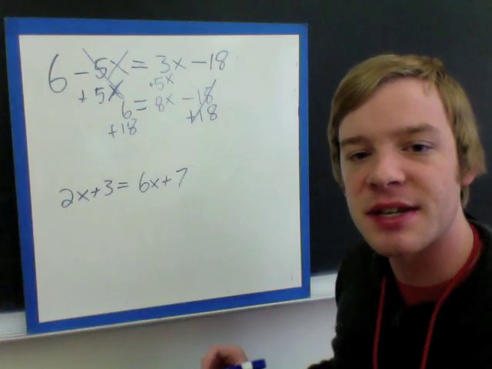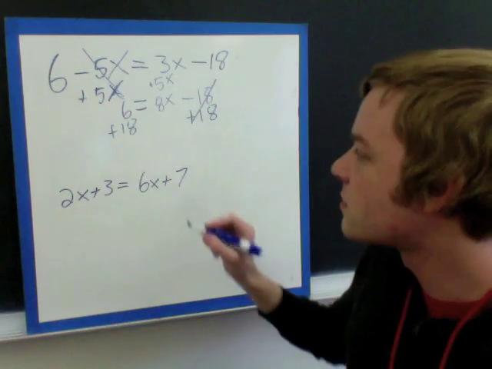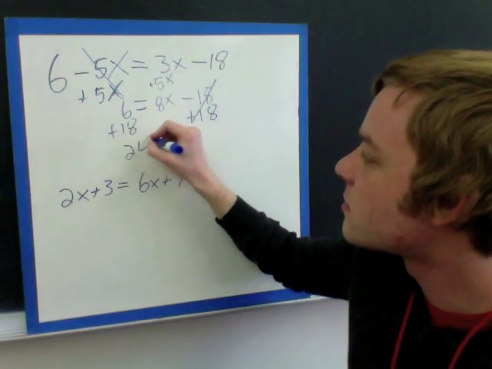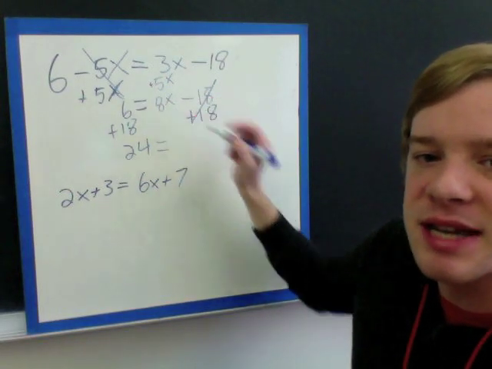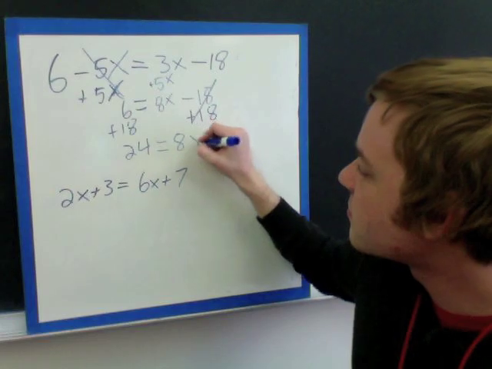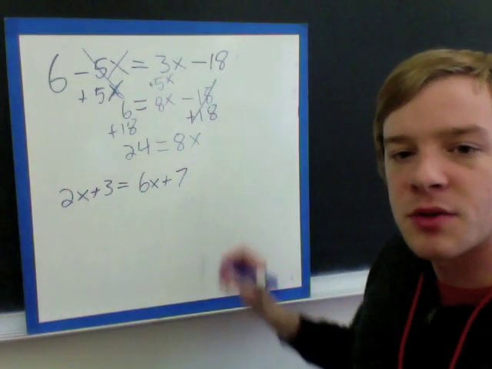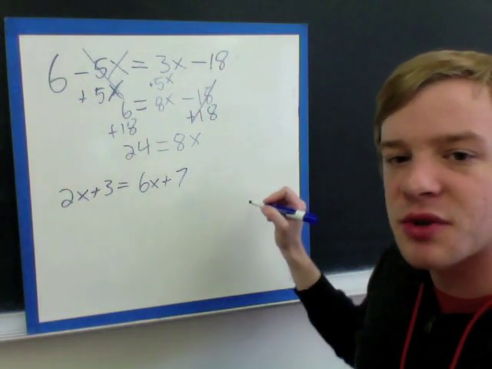And 6 plus 18 will give me 24. And then on the right side, the only thing remaining is the 8x. I'm just going to rewrite this up in the corner so I've got a little bit more room.